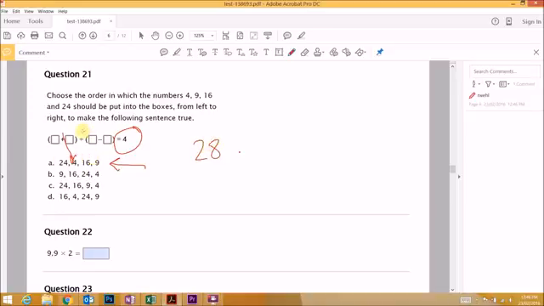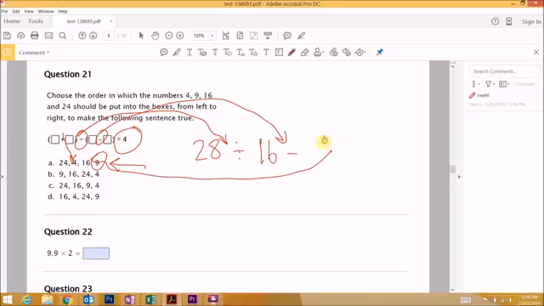And then it's divided by 16, take away 9. Okay, so 16 take away 9 equals 7, and 28 divided by 7 equals 4, which means that A is our correct answer.